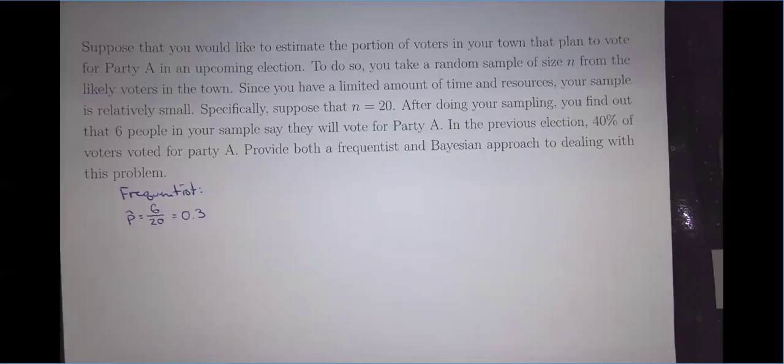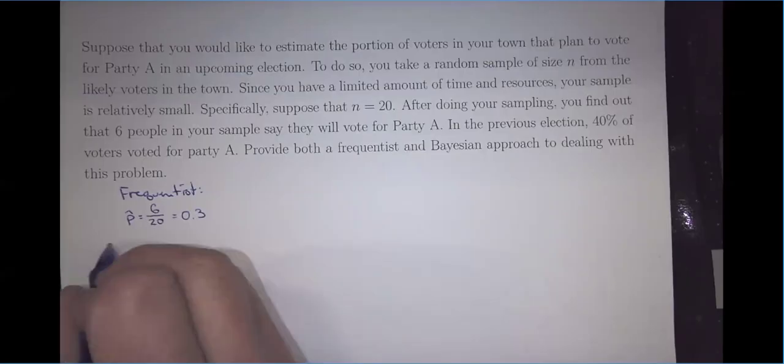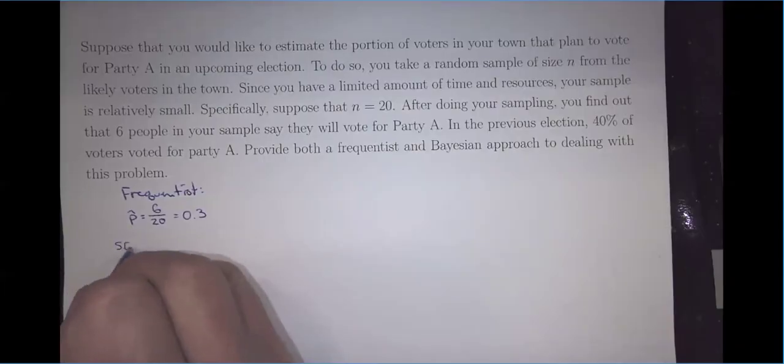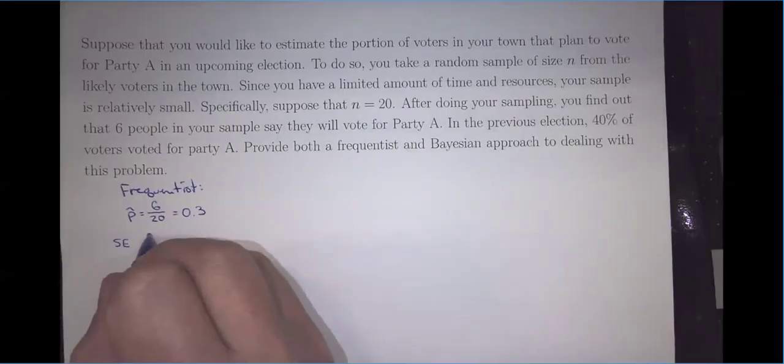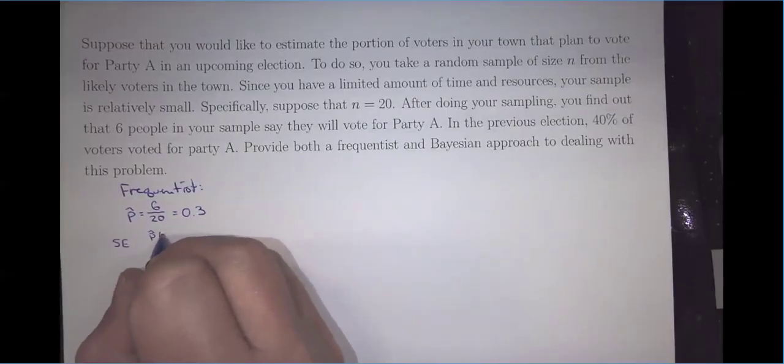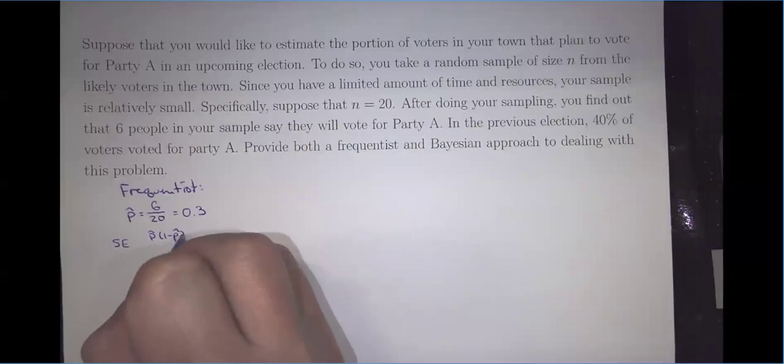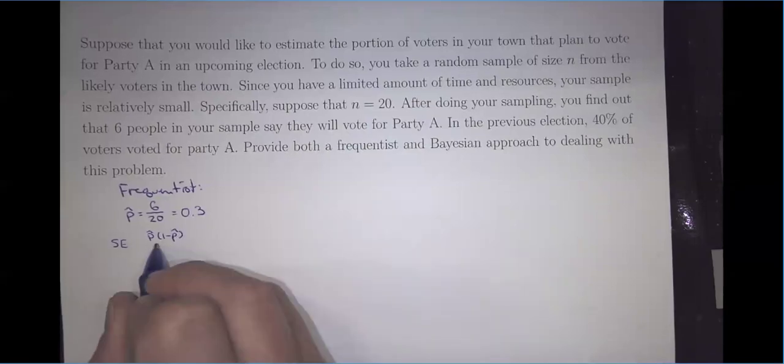Now, if we take a look at the standard error here, our standard error is equal to the root of p hat times 1 minus p hat, divided by n.